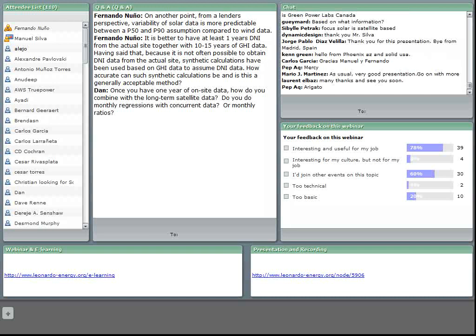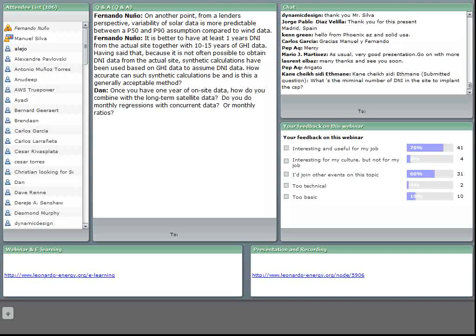If you only have 1 year of on-site data and you have long-term satellite data, normally the satellite estimations are good for global. When we are talking about DNI, you have to use similar models to estimate direct from global. If you are doing it from satellite, you have two modeling steps. One of them from satellite images to global, and the other one from global to direct.